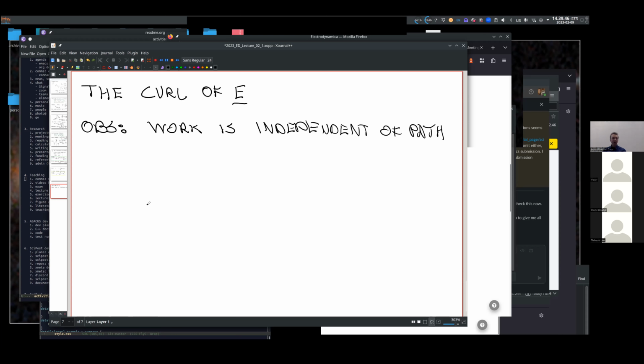Okay, so if I go from A to B, we've already used that, right? If I go from A to B like this, shortest road, or if I go like this, like when you're traveling with the NS, something, then it is the same amount of work, amazingly. It's not really in real life, but in electrostatics it is.